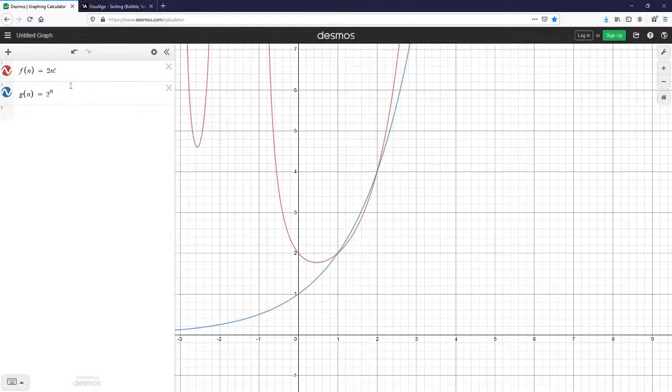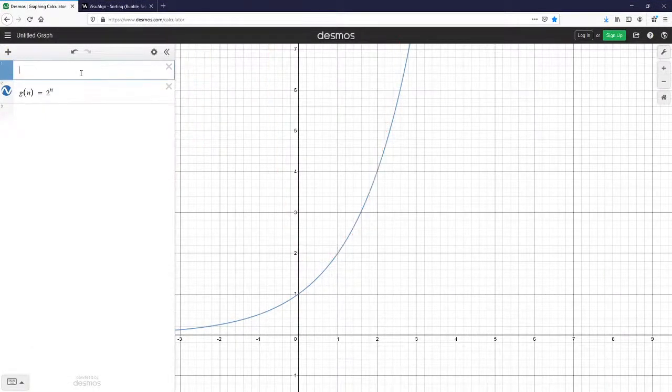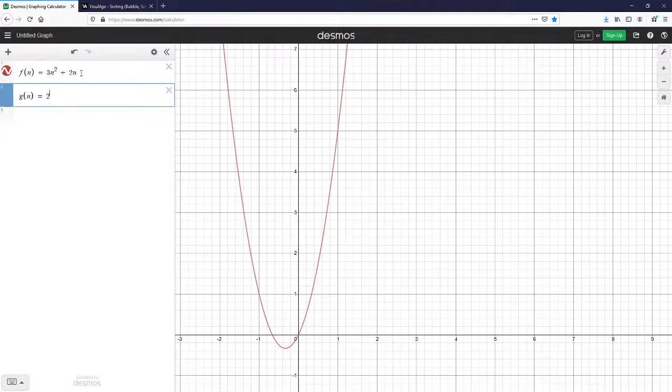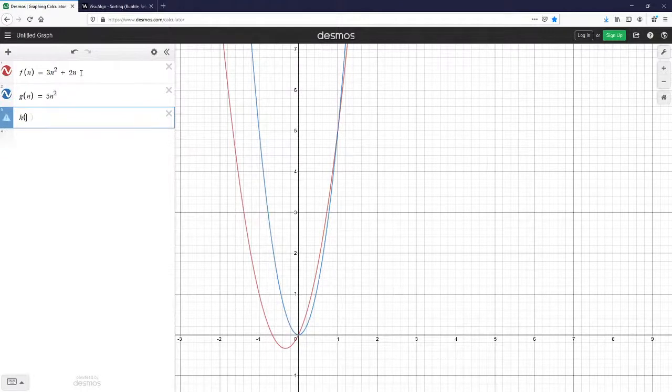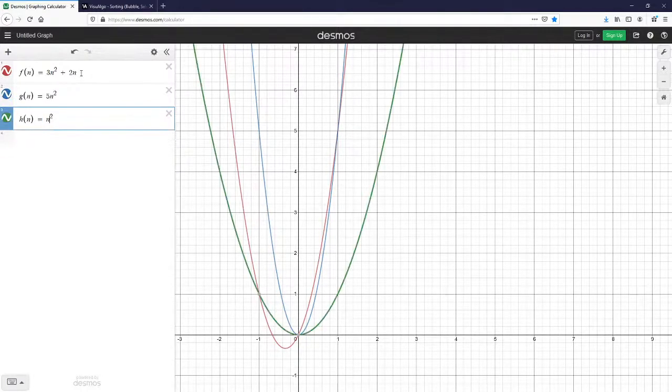So if you have f of n equal to 3n squared plus 2n, and g of n equal to 5n squared, and then say h of n equal to n squared, which I will then draw here.